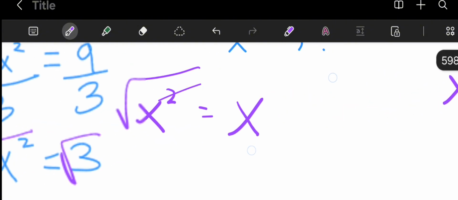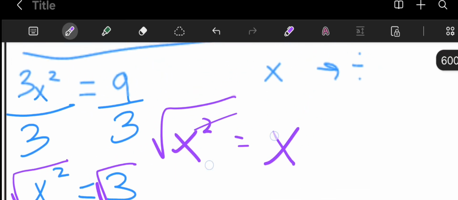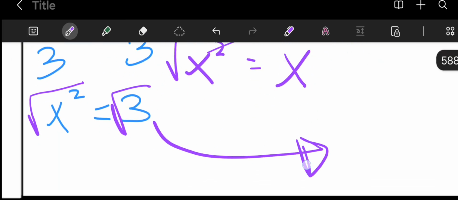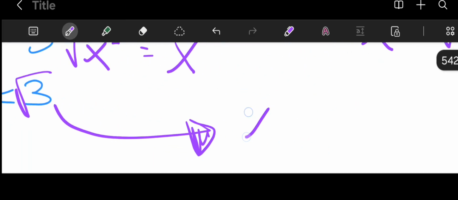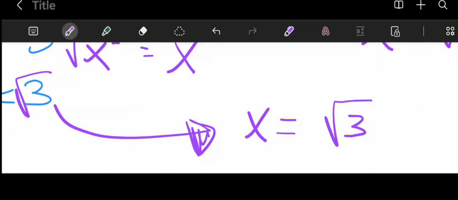Mind blown. So now we are just left with x equals the square root of 3. Now we can actually get a little bit more specific and say plus or minus the square root.